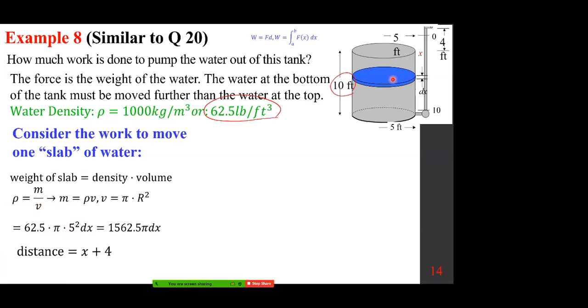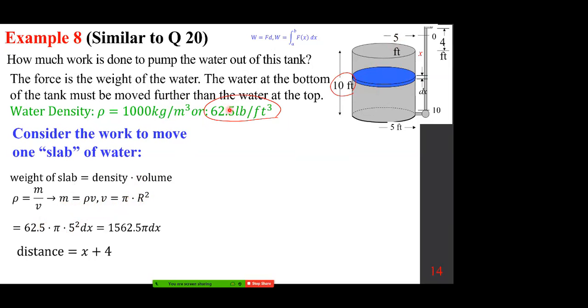I'm looking at this piece, okay? This piece, we are interested in finding the force, or its weight. The weight is the density times the volume. The volume, we said it's a cylindrical shape, pi r squared. R is fixed at 5. Rho, we use one of those.